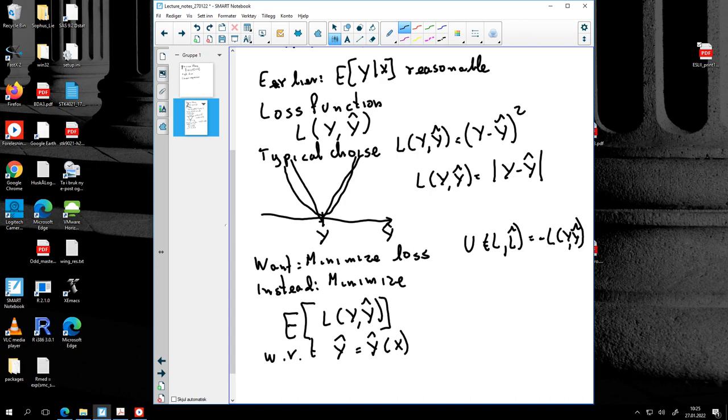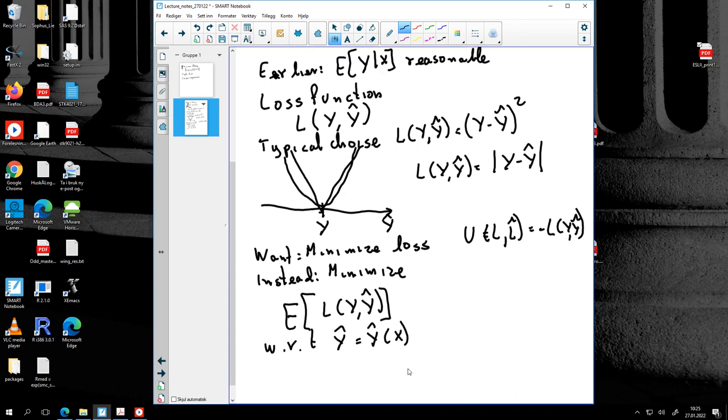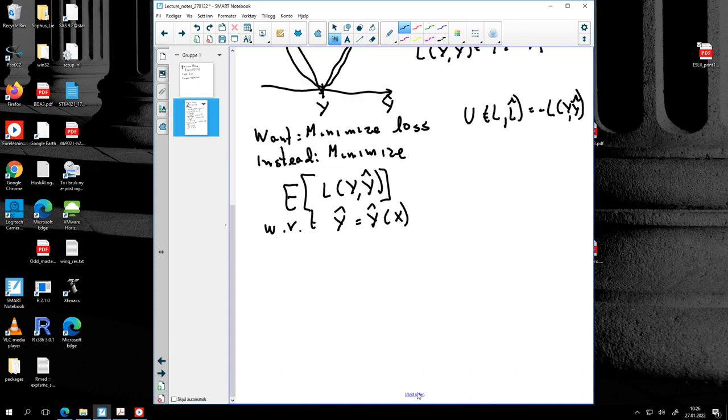How can we minimize this expectation in a general setting, but also specifically in this case where we have a square loss setting? Okay, but then let's consider the specific case where L of y, y hat is y minus y hat squared.